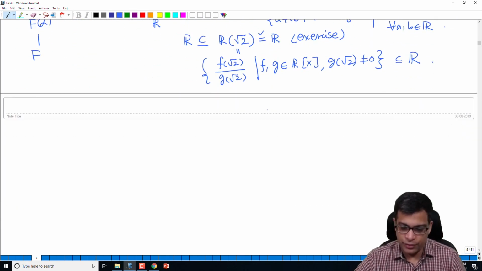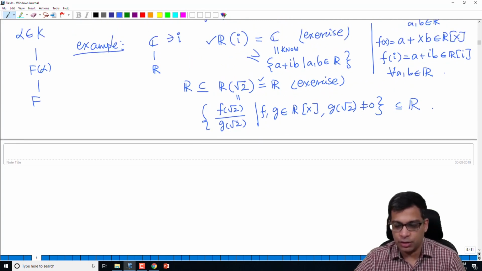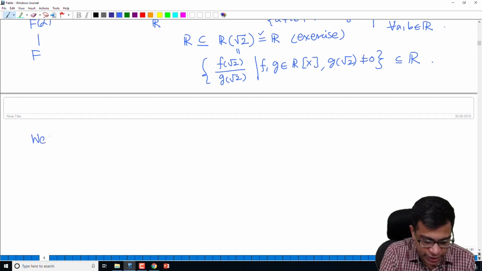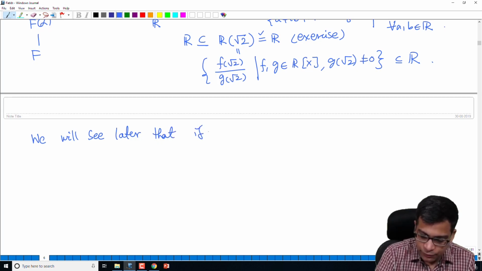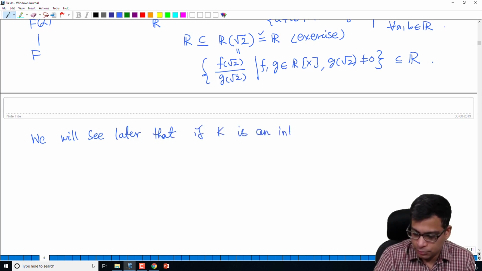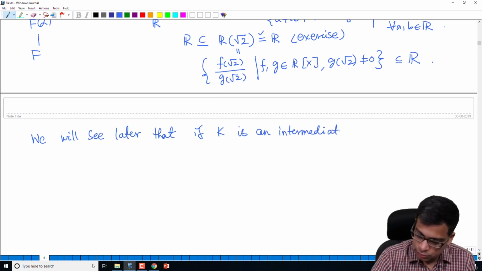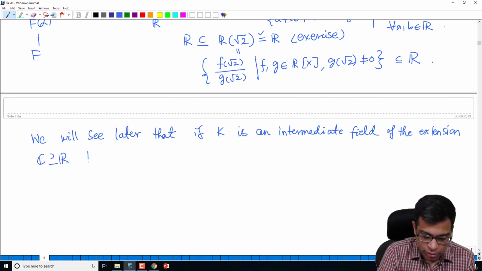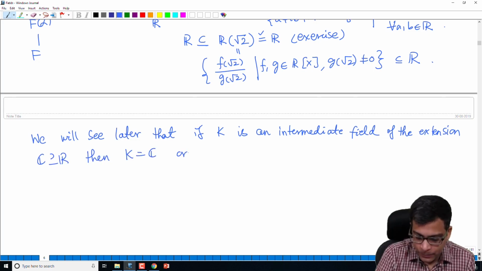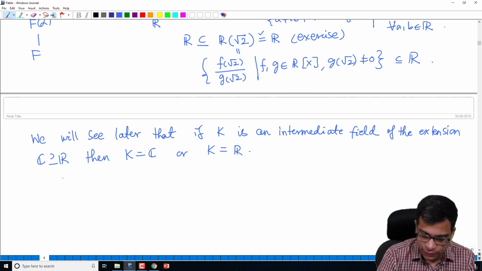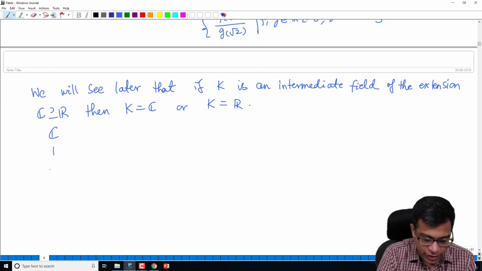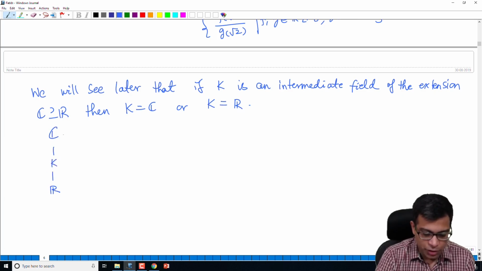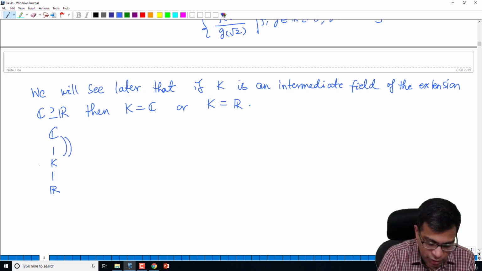So I have more or less completely solved these exercises, but these are simple examples, and in fact we will see later that if K is an intermediate field of the extension C containing R, then we must have that K is either C or K is R. So what I am saying is that if you have the field extension C over R and K is in between, either these are equal or these are equal.